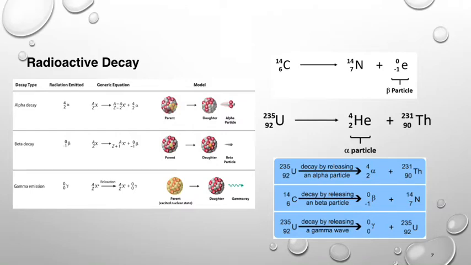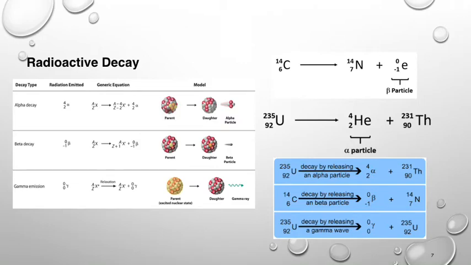Now for the generic equation, when a radioactive element decays under an alpha decay and forms a new particle, the atomic mass of the new particle formed will be reduced by 4 compared to the original particle, and the atomic number will be reduced by 2.